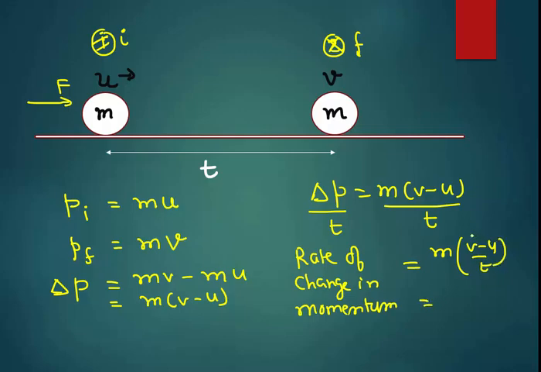And I'm sure this formula rings a bell. You are able to think that yes, this is some term which we have studied in the past. Yes, you are right. (v minus u) upon t is acceleration. So rate of change in momentum is mass times acceleration, and later on we will see this will come out to be equal to force, which we will study in the next video.